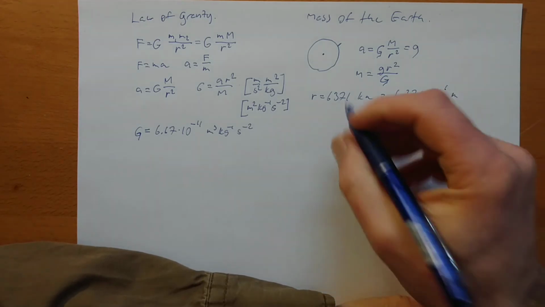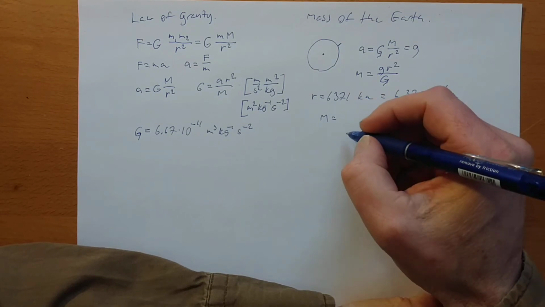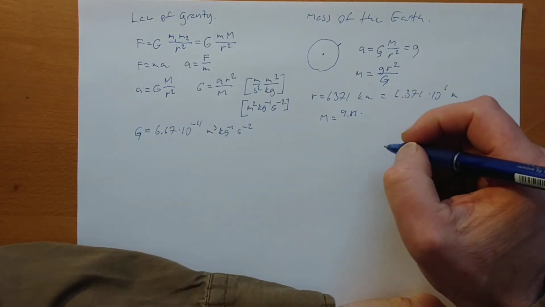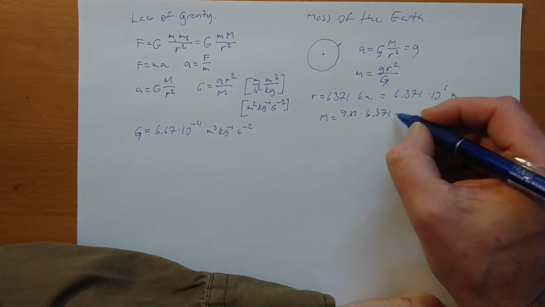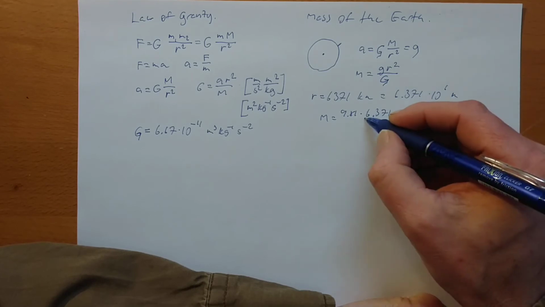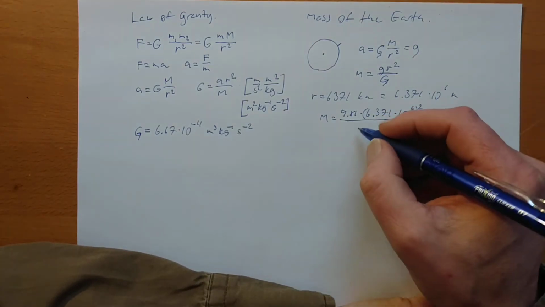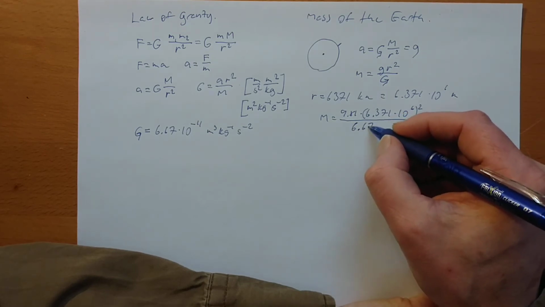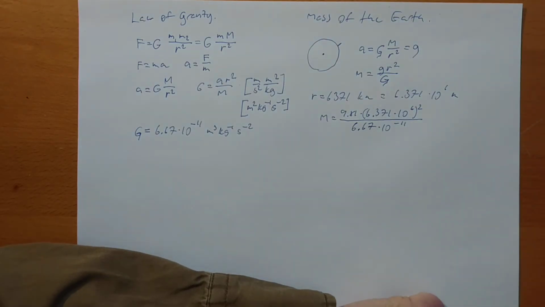So now we can just fill this into what we have and find that the mass of the Earth equals 9.81 times 6.371 times 10 to the power of 6, squared, over the constant that we know, 6.67 times 10 to the power of negative 11.